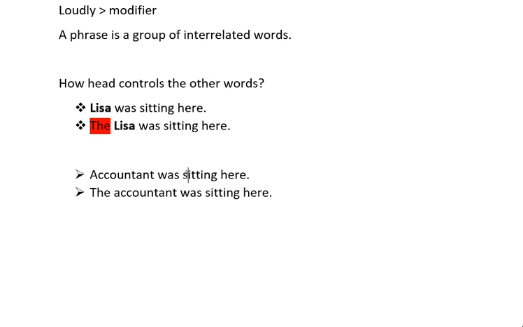Okay? In this sentence, "accountant was sitting here." Now, accountant is not like the word Lisa. Lisa was a proper noun. Accountant is a bit different. Clear? So if we are talking about accountant and it is singular, we need to use a determiner with it.